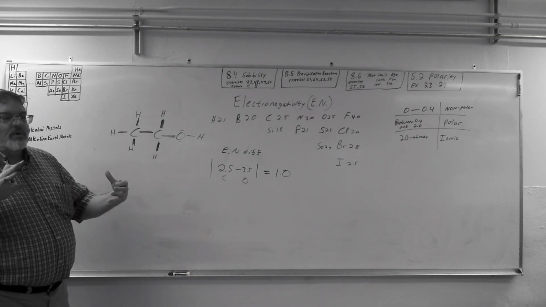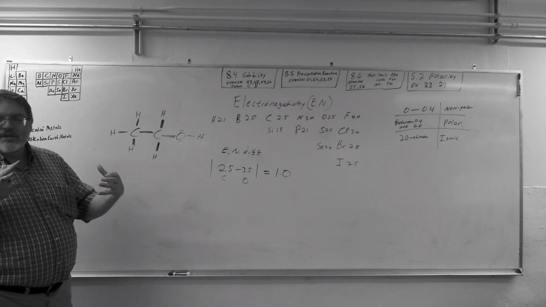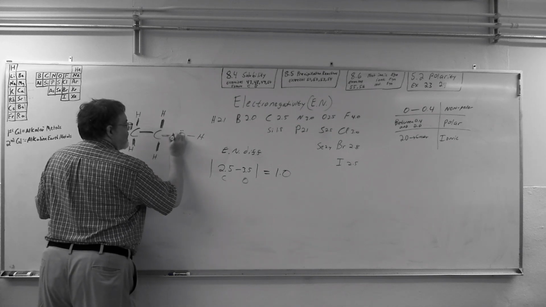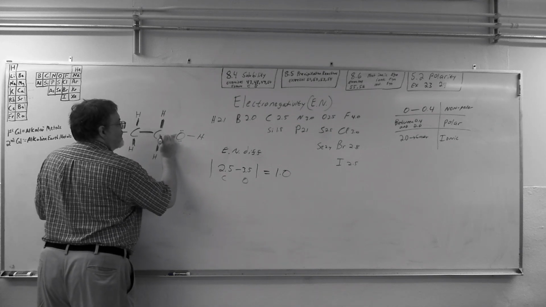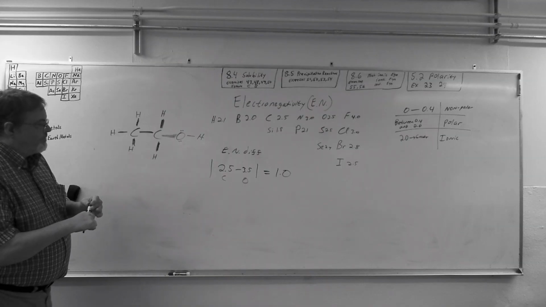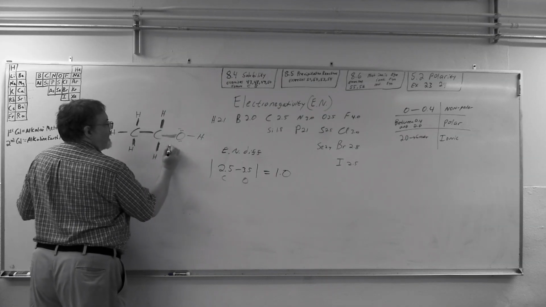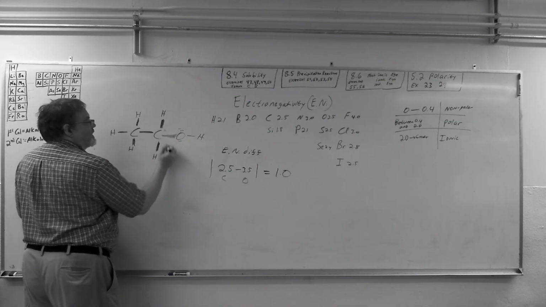It's sort of a tug of war for those electrons, and they're not shared evenly. Oxygen kind of pulls them towards itself. I'm trying to do that with this wedge here. So what that means is the right side here is slightly negative, and the left side here is slightly positive.